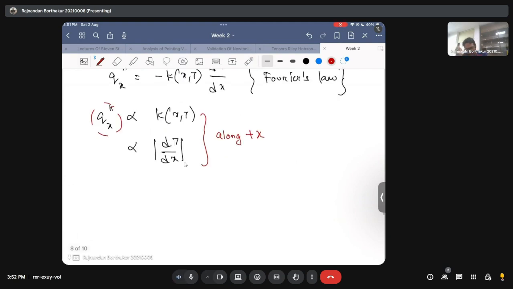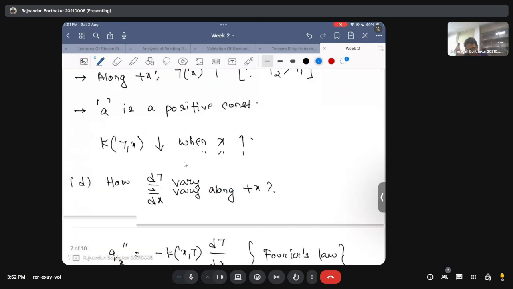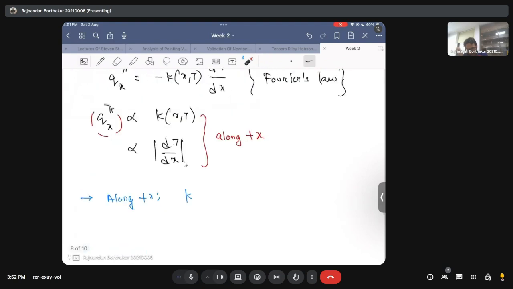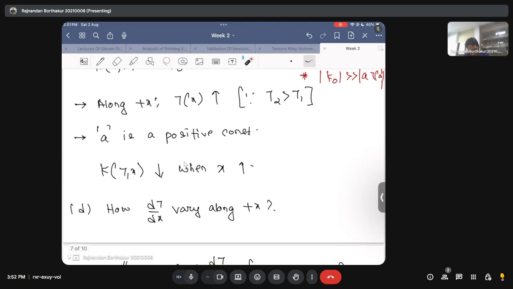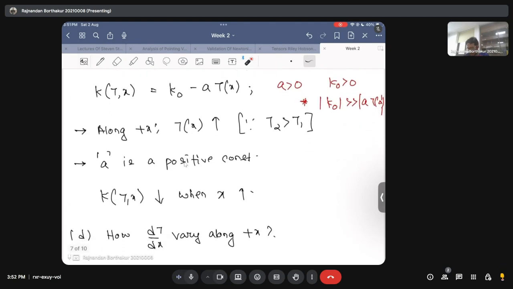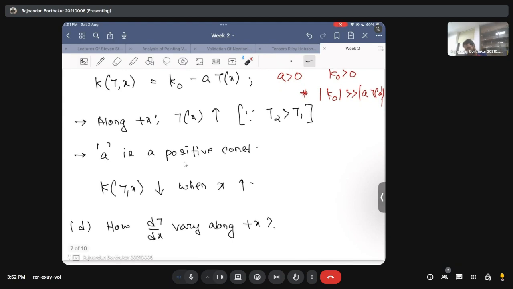So now you just need to tell me that when we move along plus x, my k, the thermal conductivity, we just now saw that this basically decreases. Did I make any mistake here?